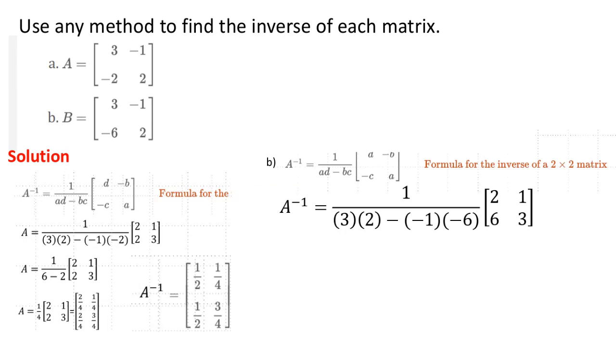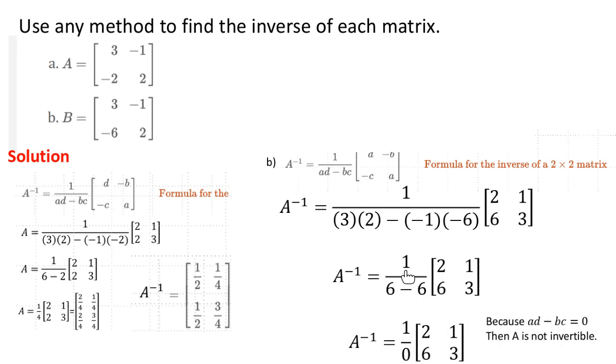Okay, so let's look at letter B. For letter B, we have the same thing. I'm going to use the formula, 3 times 2 and negative 1 times negative 6. The 3 and the 2 switch positions, and the signs for 1 and 6 change. So we get 3 times 2 is 6. Negative 1 times negative 6 is positive 6.